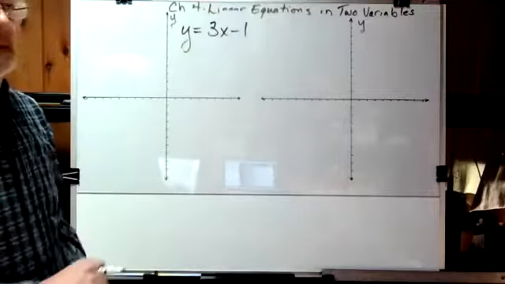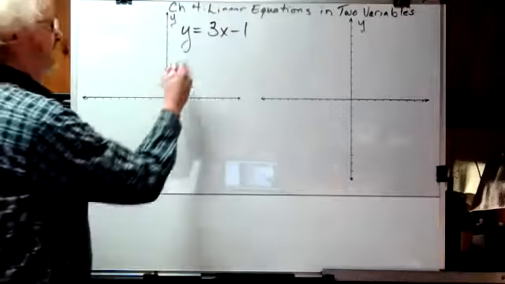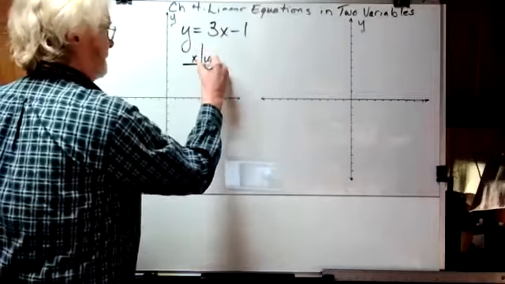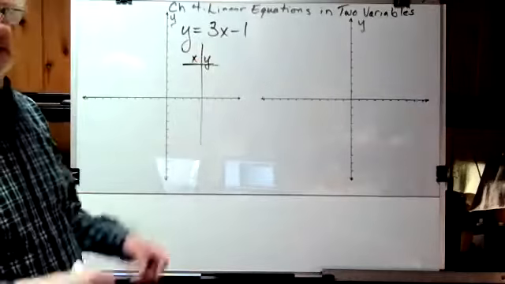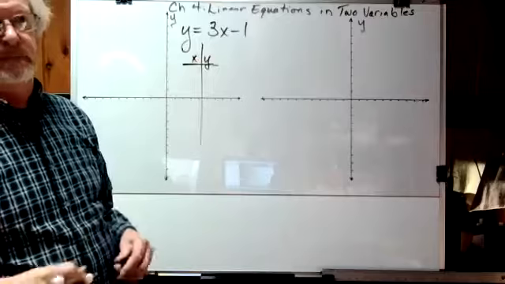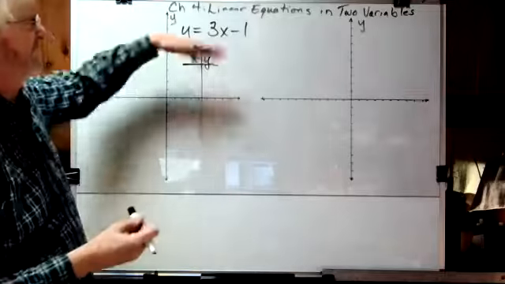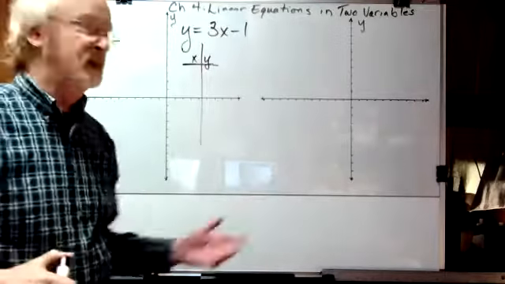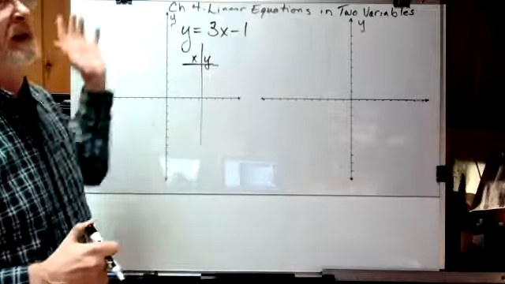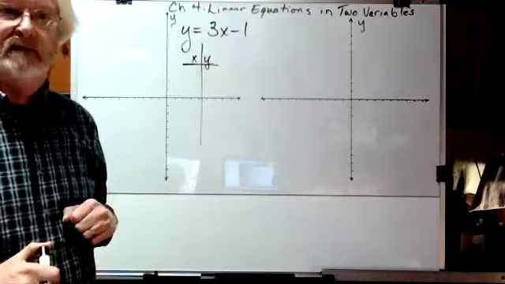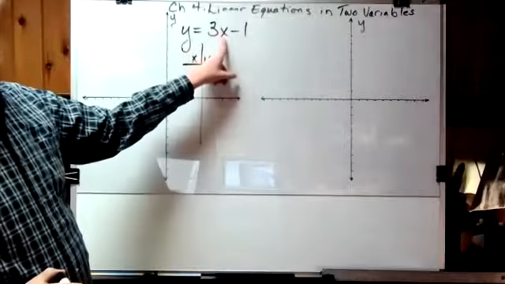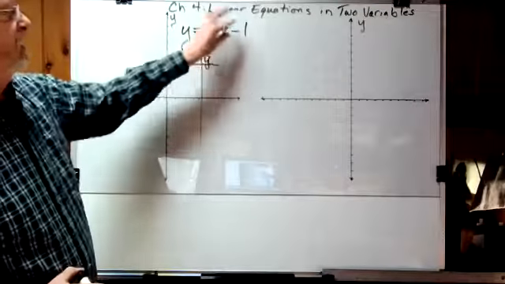Well, so we want to come up with some solutions for this equation. Our first technique in this chapter is just to pick some numbers to put in and then do the math to simplify and see what you get for the other variable. Pick a number for one of the variables and then see what you get for the other one. When it's in this shape, usually it's easiest to pick an x value, because then you do all the work over here.